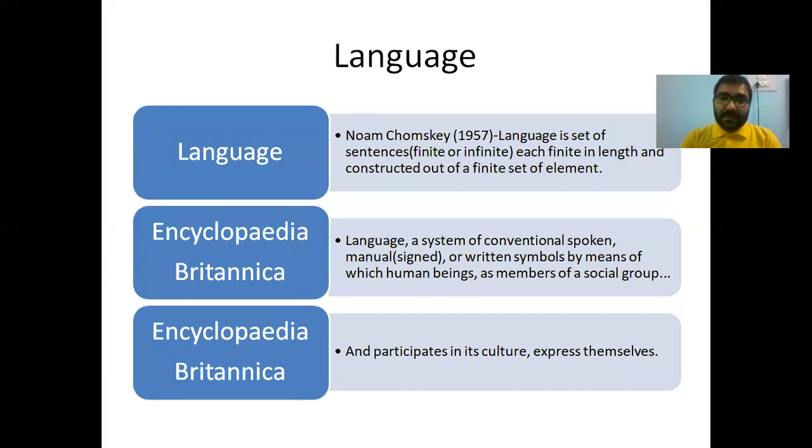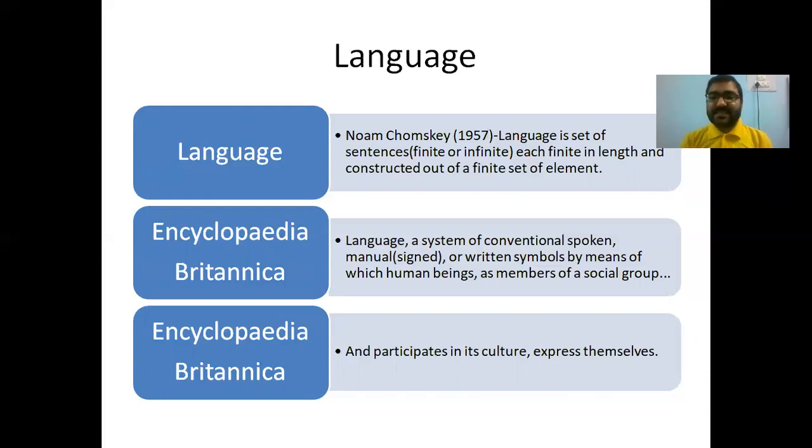If we talk about the definitions of language, I'm going to talk about two important ones: first by Noam Chomsky, and second by Encyclopedia Britannica. The first is Noam Chomsky, given in 1957.